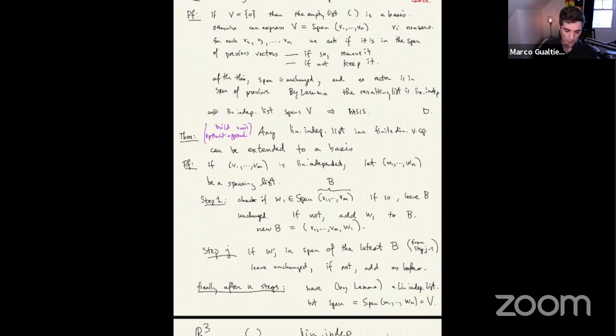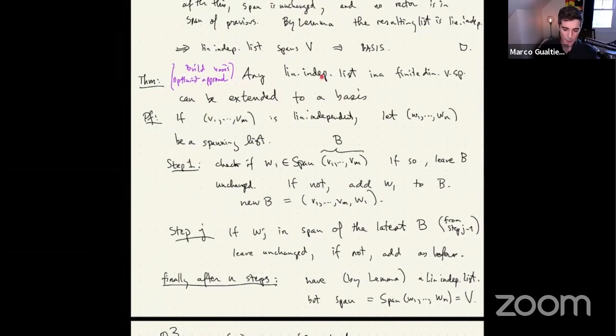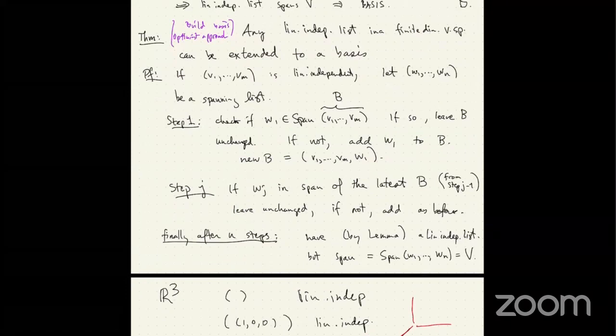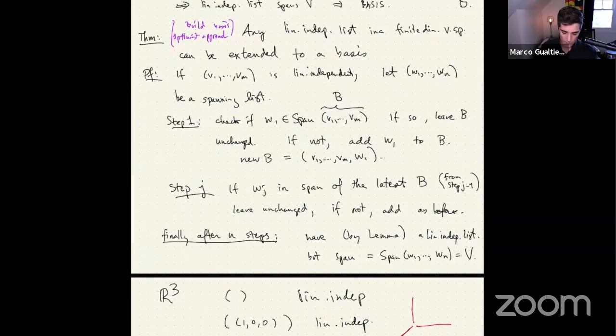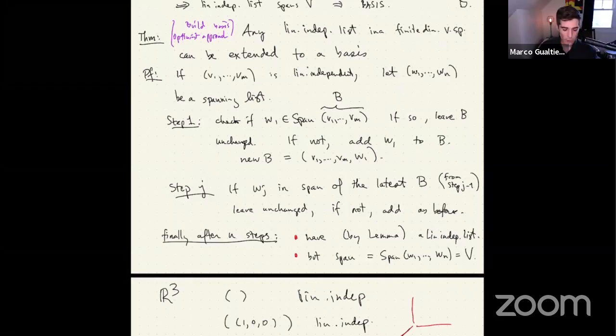Okay, sorry, you're talking about the second theorem. You're talking about the fact that any linearly independent list can be extended to a basis. Okay. So the idea, I'm not saying that the W's are the list. Let me just put, there's two things to remark. So after n steps, what do I have? I have the V's, which I started with.